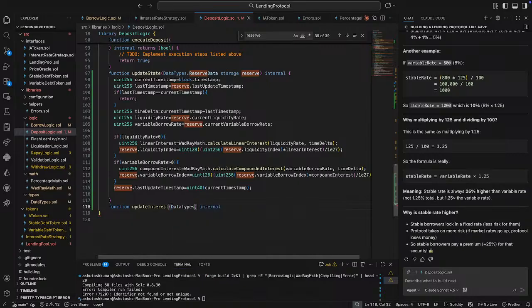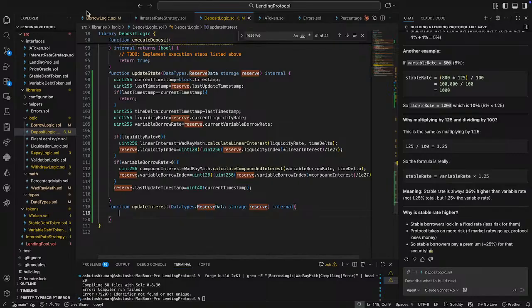So DataTypes dot ReserveData should be storage because we are going to write in the reserve data. And what is it? First of all, it's going to calculate the time interest, or we can just pass the maths here.